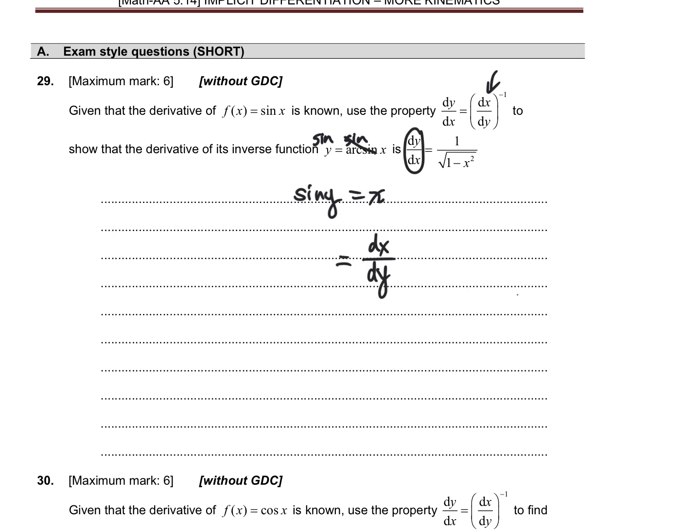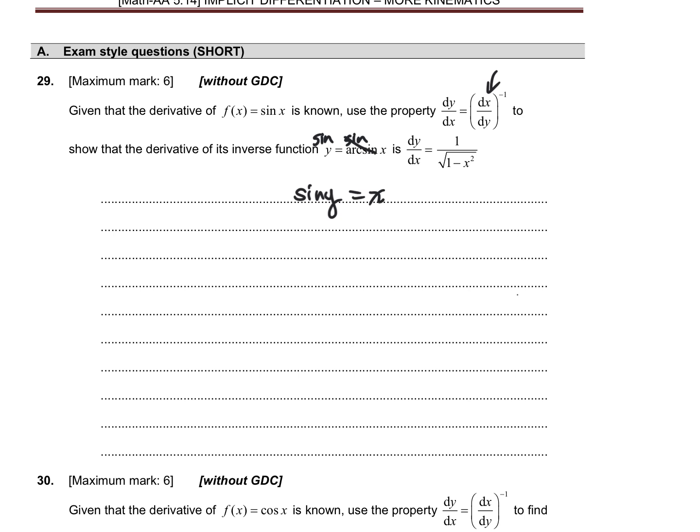And then this is going to be cosine y, right? So then we can raise this to the -1, which is going to be dy dx is 1 over cosine y.